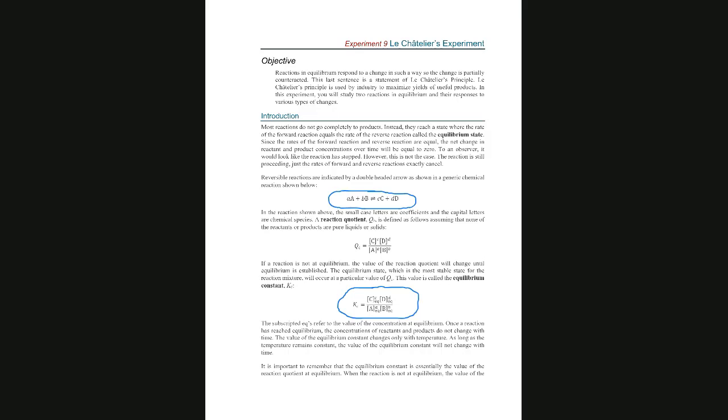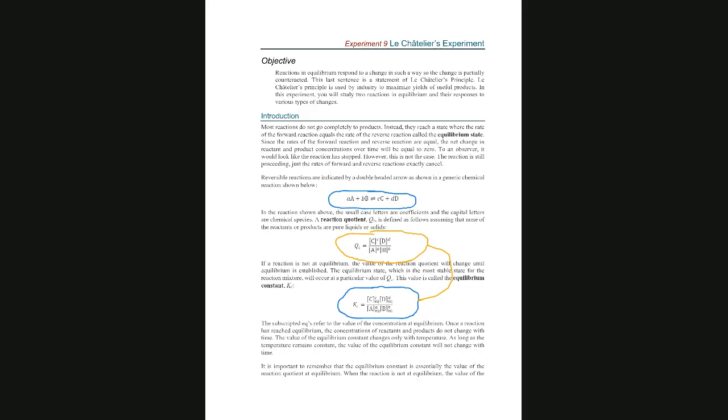When any reaction is not at equilibrium, we use the quotient expression, the Q. I don't know if I'm pronouncing it right. The quotient expression is exactly, if you compare with the K, if you compare these two expressions, the same.